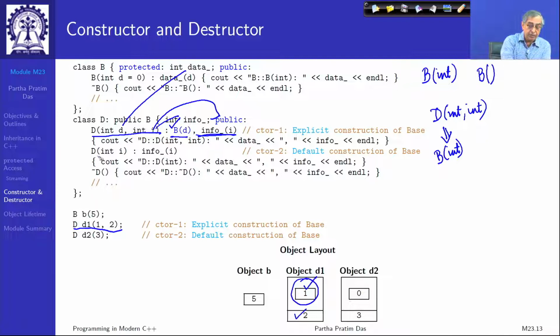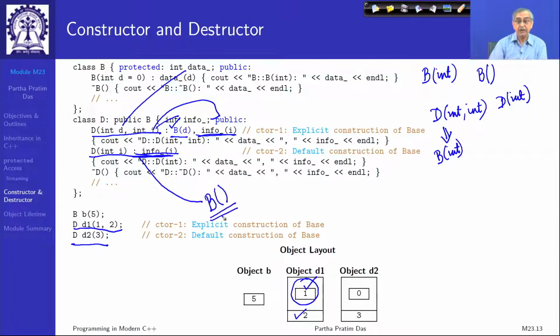I have a second constructor which takes only one parameter. So, that is D int. Just look at what it does. It also needs to construct the base class instance, but it is not calling the base class constructor. So, it is like D2. If it is doing like this, it means that the default constructor of the base class must be there and will be invoked.